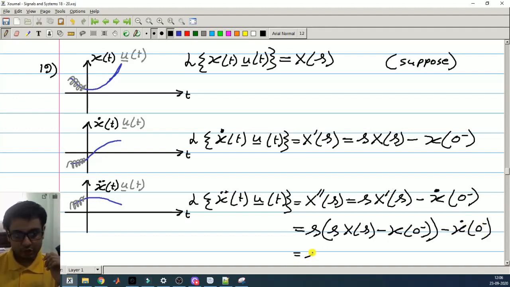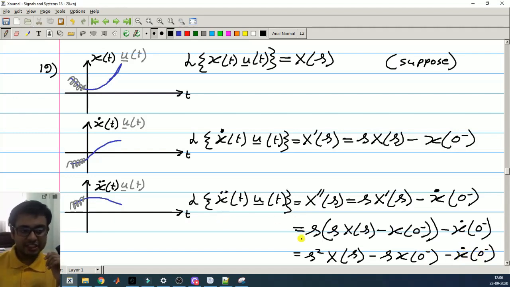So this is equal to s square X s minus s x 0 minus minus x dot 0 minus. In this way, you can go up to third, fourth or higher order derivatives recursively.